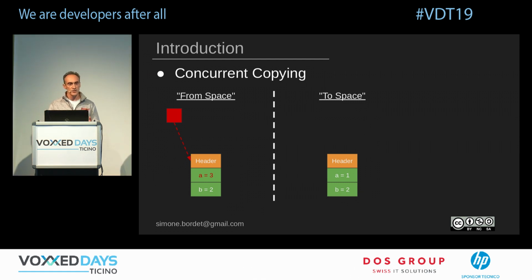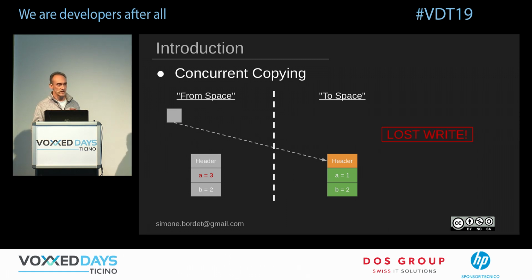Of course, the new object that has been copied by the garbage collector is not known to the application; it doesn't know that there is a copy of the object over there. And so it follows the pointer and goes to the place where the object was. But then the garbage collector continues and says, oh, well, since I moved this object, now I just update the reference from the other object that was pointing to the one I just moved, and by updating the pointer, I've now lost a write, okay?